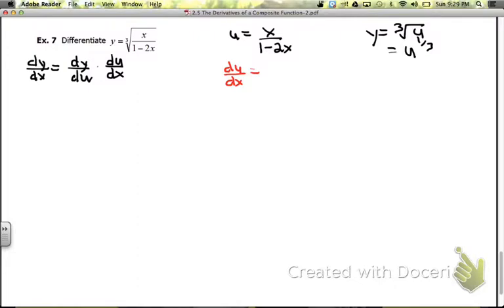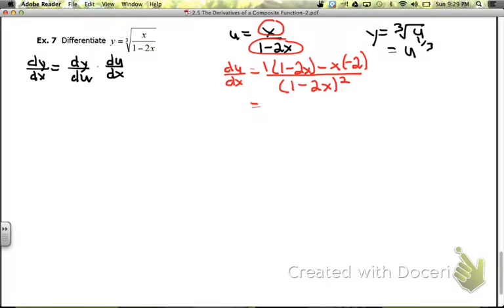So du over dx, the derivative of u in terms of x: I first take the derivative of my f at x, so my x here, which is just 1, times 1 minus 2x, minus our f times the derivative of our 1 minus 2x, which is just going to be negative 2, all over my g squared, so 1 minus 2x all squared.